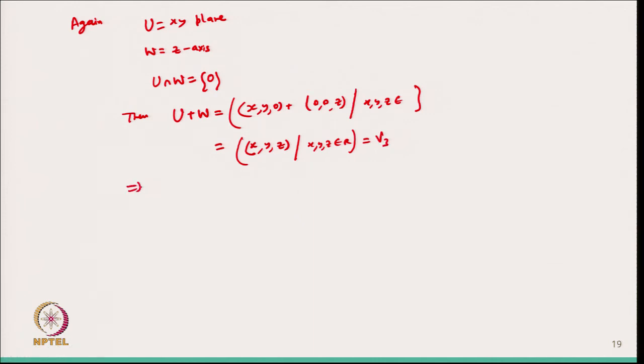So, from here I can say that U plus W is a direct sum, and this is equal to V3. So, we have split V3 into two parts, in two subspaces. One is the xy plane U and another is W. So, this is called the direct sum. We are dividing the whole vector space into two subspaces, and these two subspaces have nothing common except the 0 element. So, this is called the direct sum.